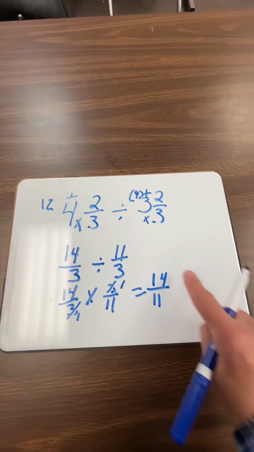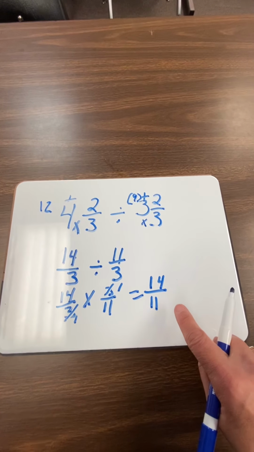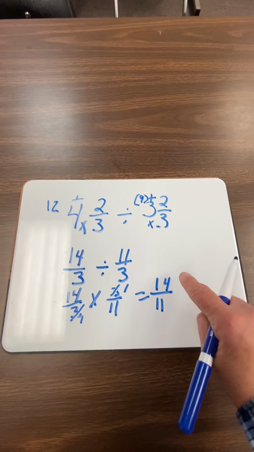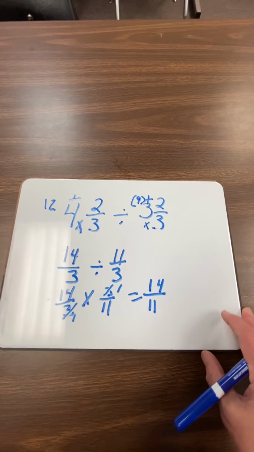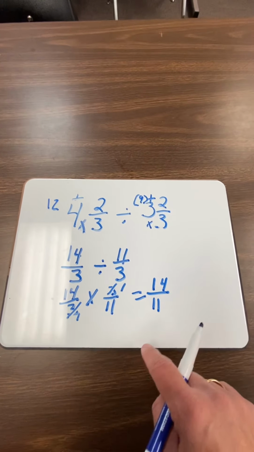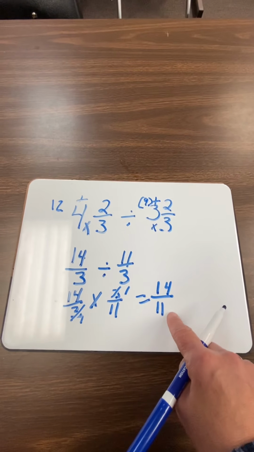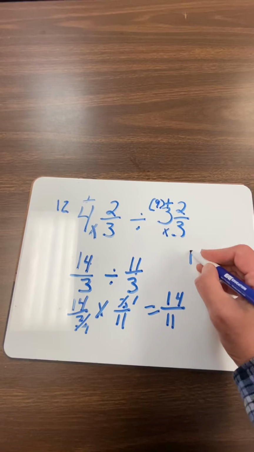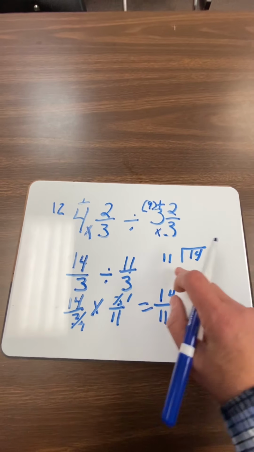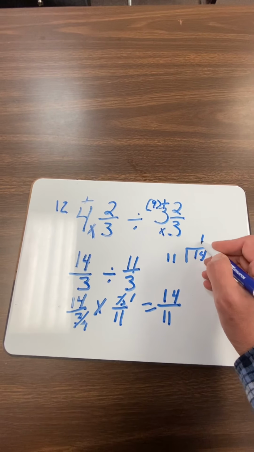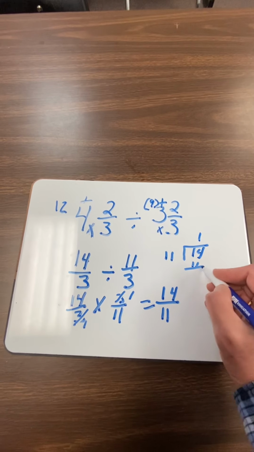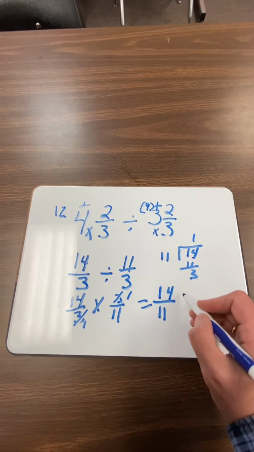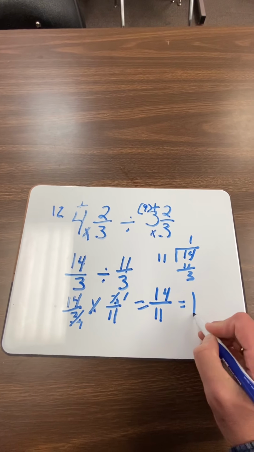Okay, now what type of fraction is this called? That's right, improper, because the numerator is larger than the denominator. So what do we have to do to change that? Divide the denominator into your numerator. So 14 divided by 11. 11 goes into 14 one time. 1 times 11 is 11 with 3 left over. So your answer, your quotient, is your whole number.